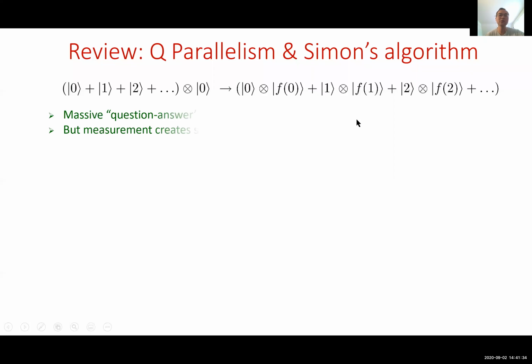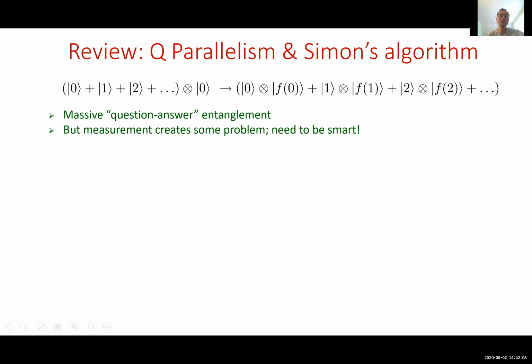Then you get a massive question-answer entanglement. This is really just due to the linear property, the superposition principle, and that the gate is linear and unitary. So this is really just using the first two principles, a direct consequence of really basic rules of quantum mechanics.